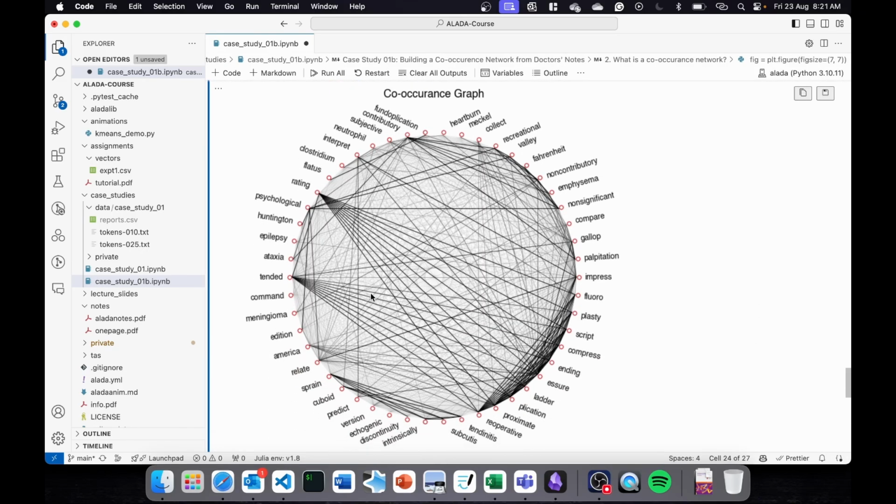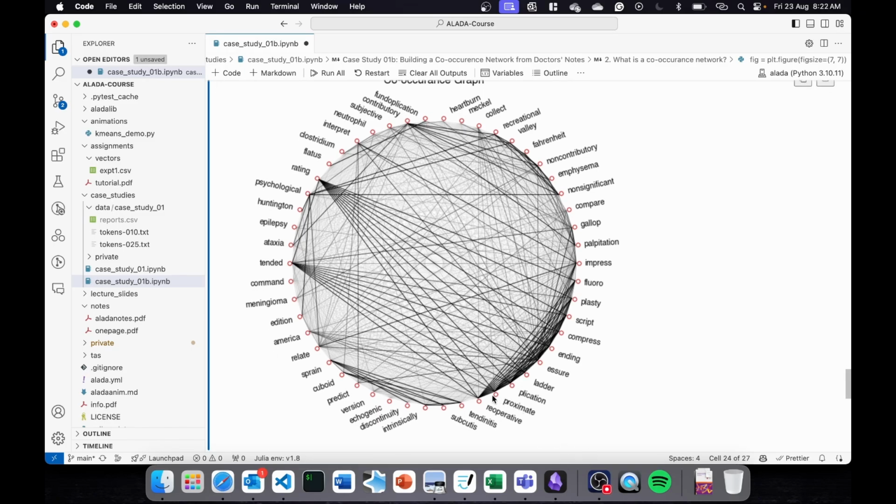We have a total of 50 tokens from the token-010.txt file. The thick black lines tell you that the concepts are relatively strongly related. They might not be equal to 1, but there might be some value that is relatively high. The thinner, lighter lines in the background indicate a weak link. That means they don't often co-occur.